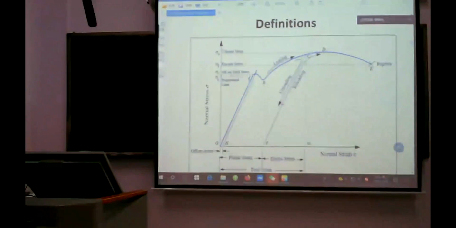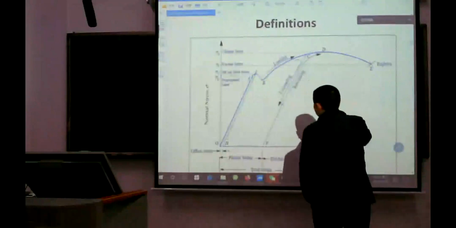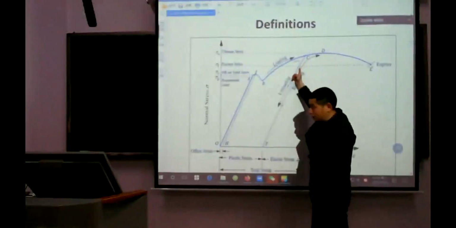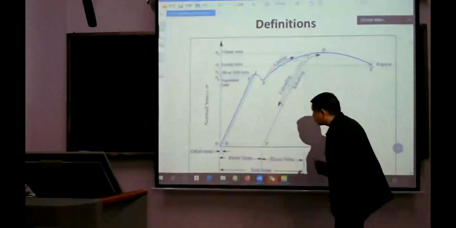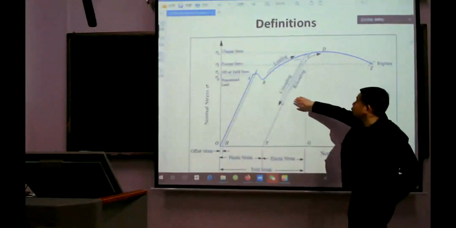In engineering practice, we don't allow the stress to be more than the elastic limit. It means all the deformation will disappear when the load is removed. After all the load is removed, we can reload it.